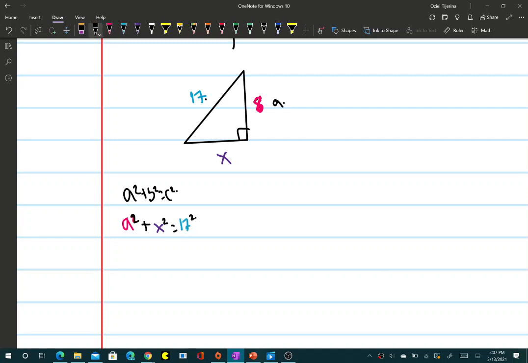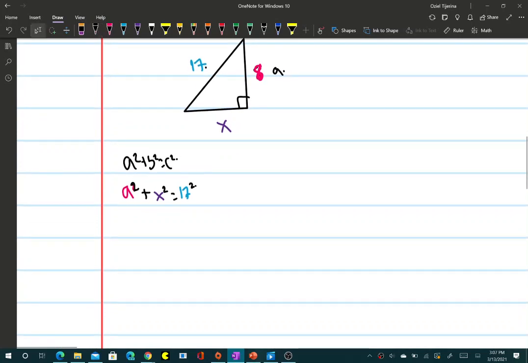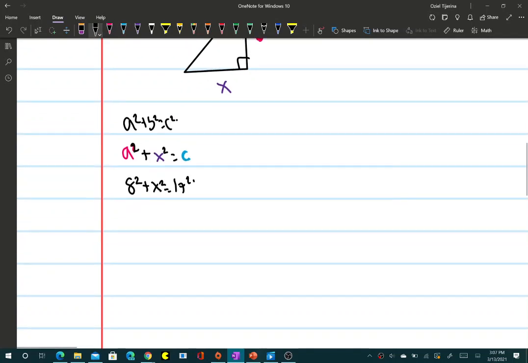So this would be 8 squared plus x squared equals 17 squared. So 17 is our c value, and we want to solve for our missing side.